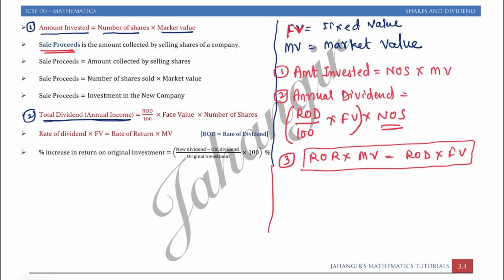Here you have to remember face value, market value, amount invested, annual dividend and rate of return. I think each and every point is clear. If you want, you can call me, and I will explain again if you don't understand any of these points.